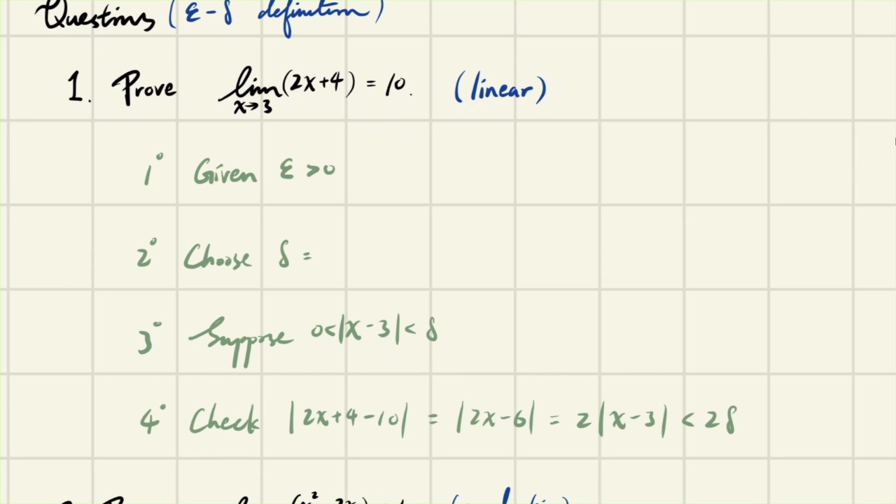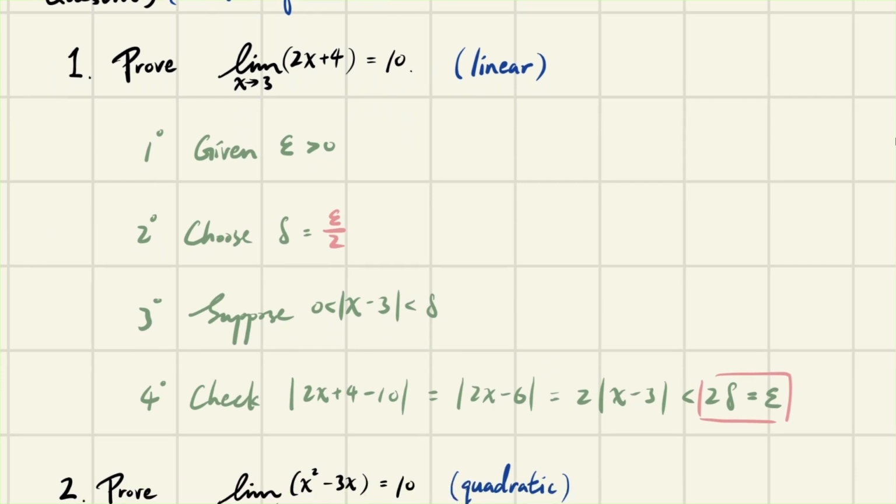Now we have to check if it's smaller than epsilon, so we can just set 2 delta equal to epsilon, which means that the chosen delta equals epsilon over 2. That's basically how you write an epsilon-delta proof for a linear function.